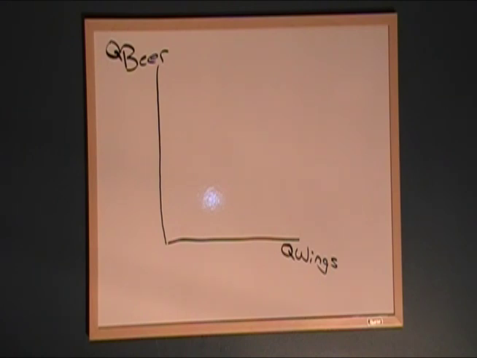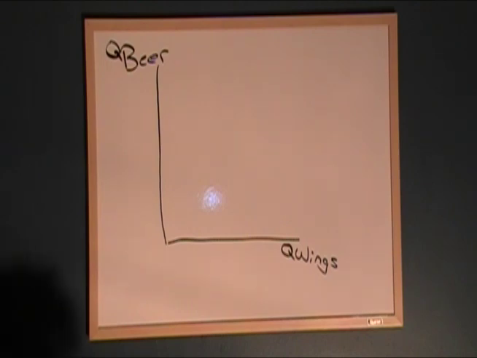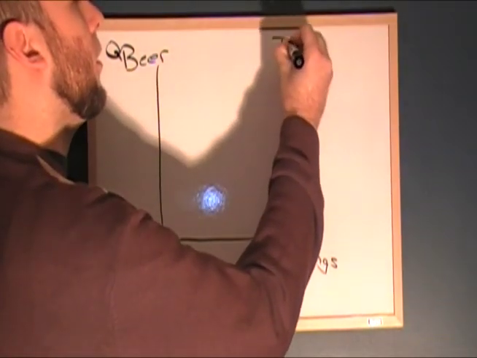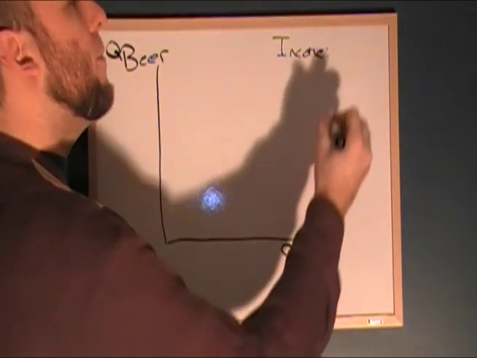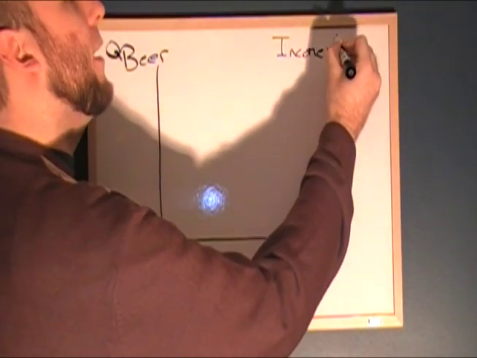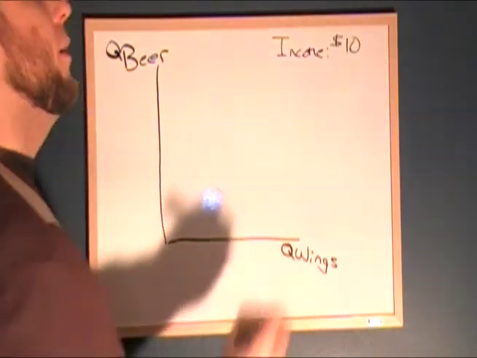You can't spend any more than what you actually have access to. So we're just going to say I have $10 in my pocket and I plan on spending it on beer and chicken wings. So my income, that is what's in my pocket, the amount of money I can spend, is $10.